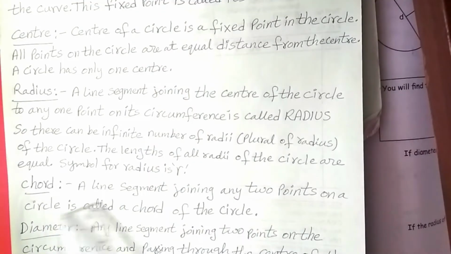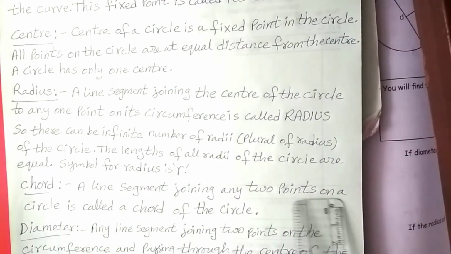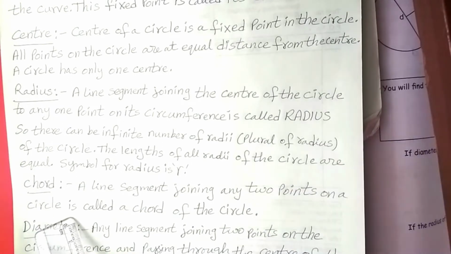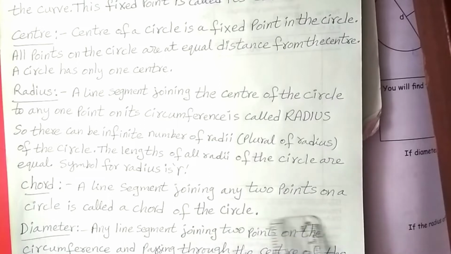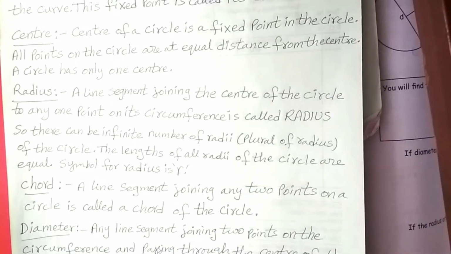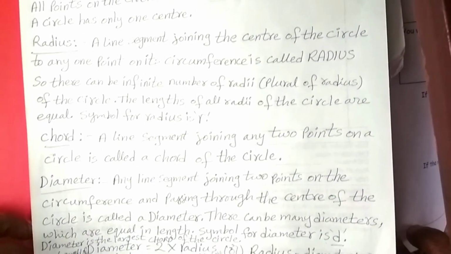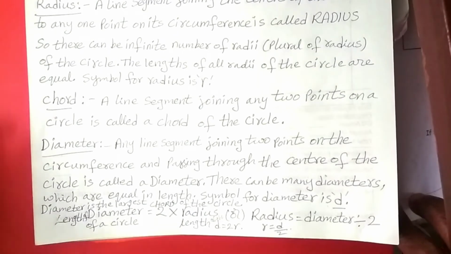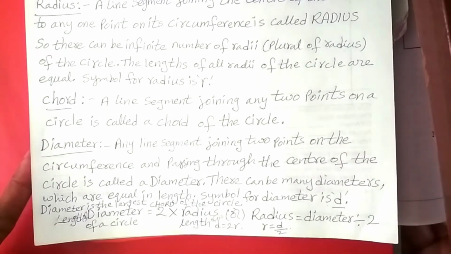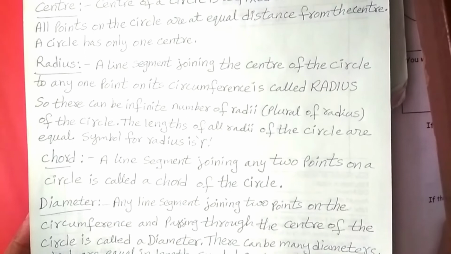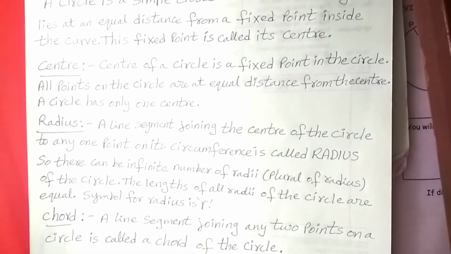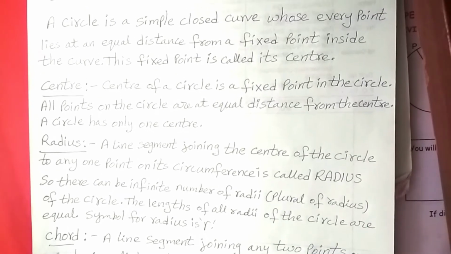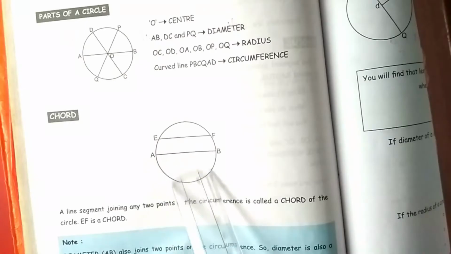Chord. A line segment joining any two points on a circle is called a chord of the circle. I'll show you the example in the textbook. These are the chords.